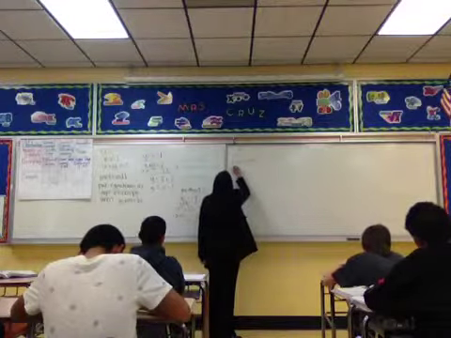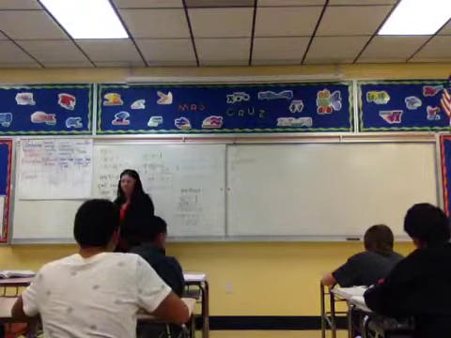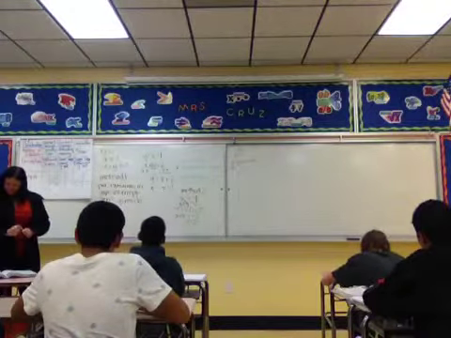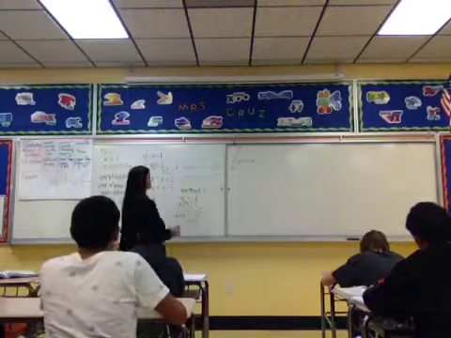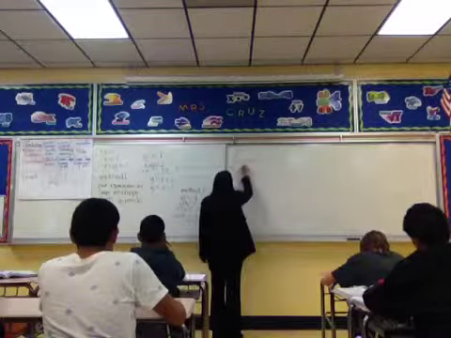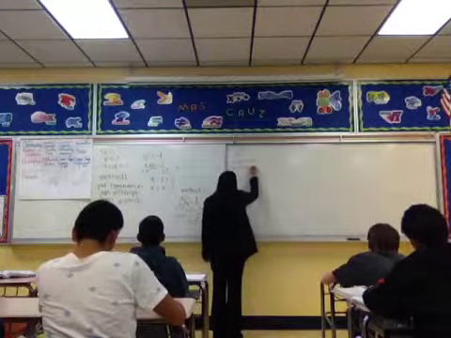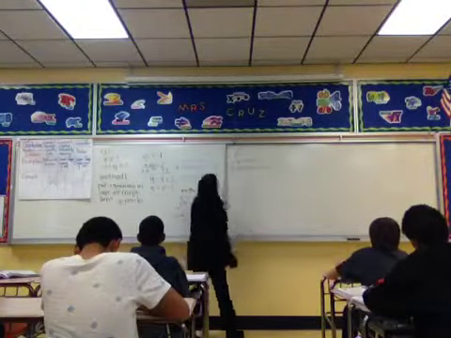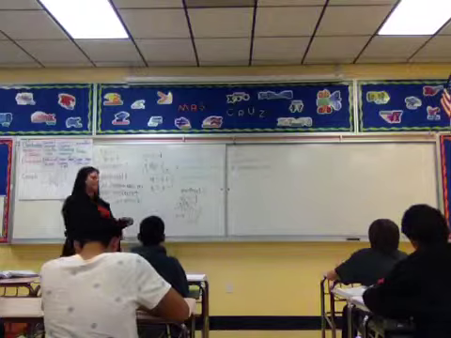How about for the y-intercept? Is it the same or are they different? Different, yeah. So what does that tell us about the system, if we look at our graph?